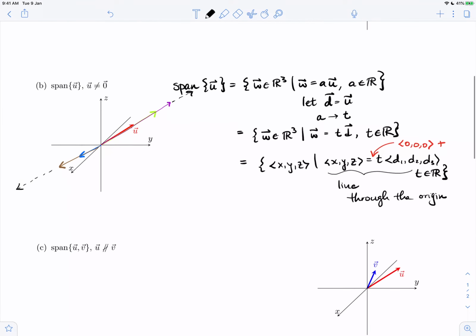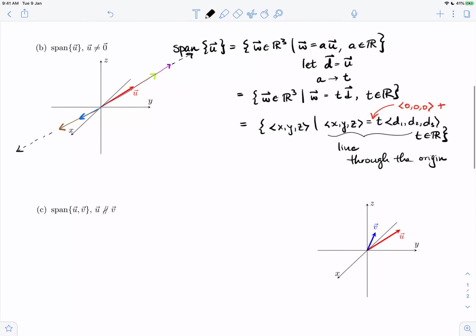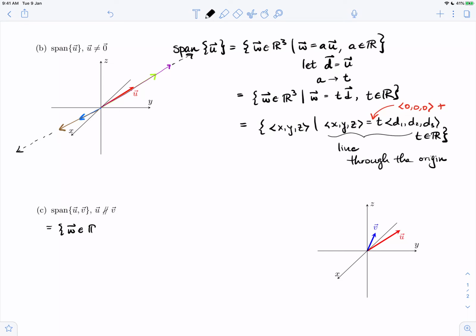C, the span of two vectors which are non-parallel in three-dimensional space. You may already be guessing what this is going to look like. Well, let's write it out so that we have no guesswork. The span of two vectors is the set of all vectors w in three-dimensional space such that w may be written as a linear combination of those two vectors, so that a and b, the coefficients, can be any scalars that we so choose.